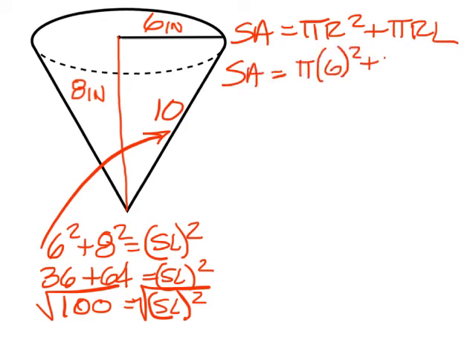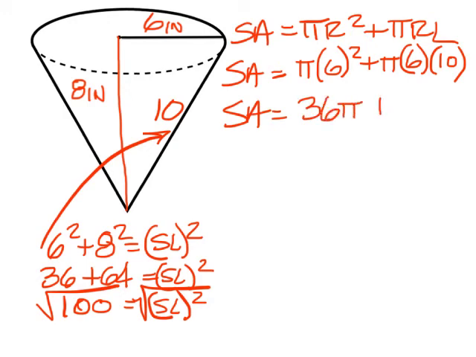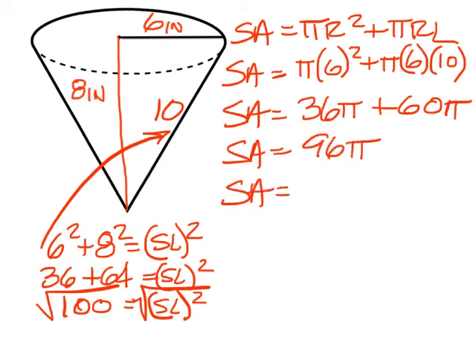Radius is 6, and the slant height is 10. So that is 36 pi plus 60 pi, which is 96 pi. And now the surface area is going to be equal to 96 times pi, which is 301.59 inches squared.